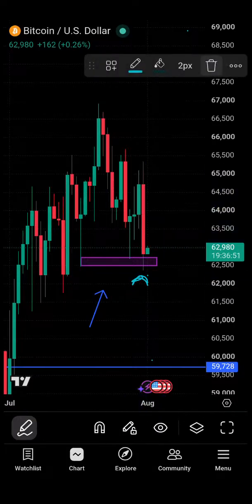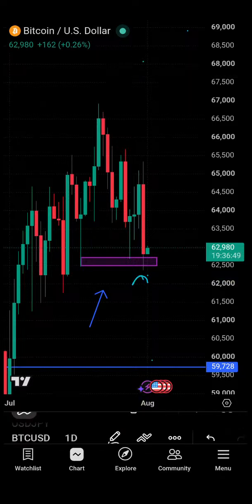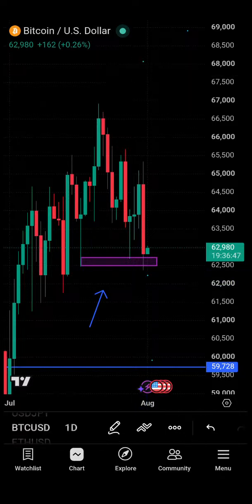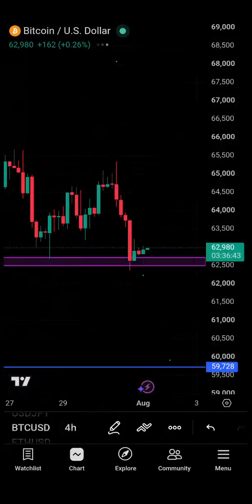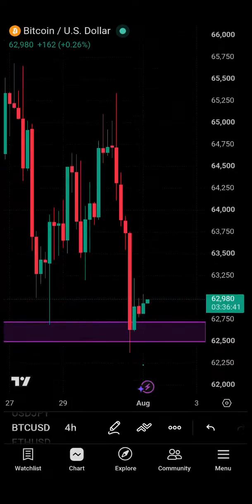Let's go back to the 4-hour now. The daily is telling us that there is a pullback or a retest that is taking place.